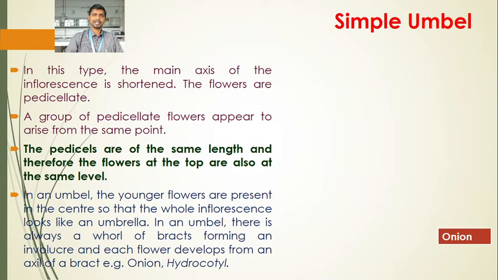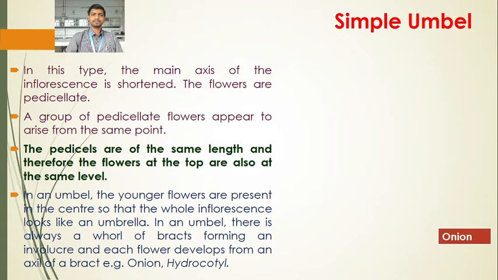So simple umbel also follows the same characteristics: the peduncle is shortened, the flowers are pedicellate, the pedicels are of equal length and the flowers appear to arise from the same point. The pedicels are of the same length and therefore the flowers at the top are also at the same level.